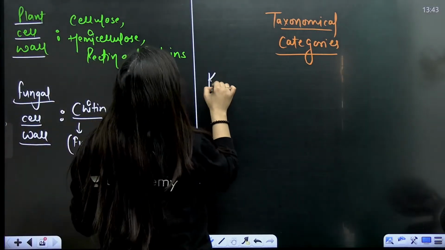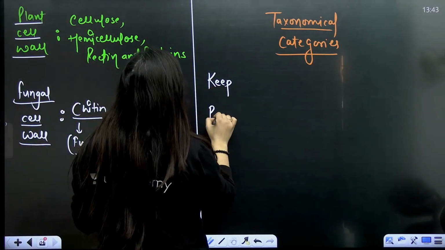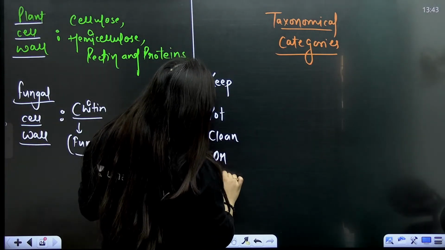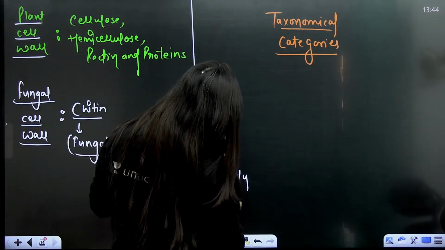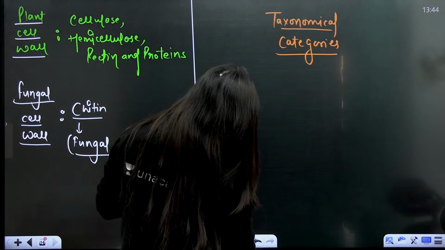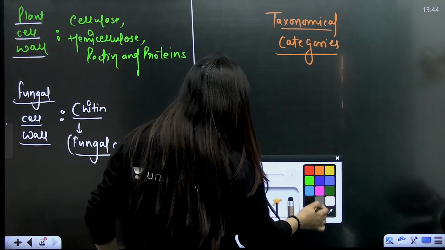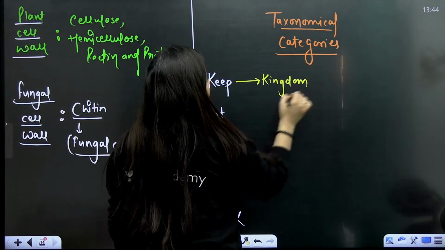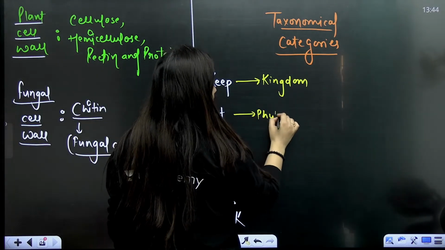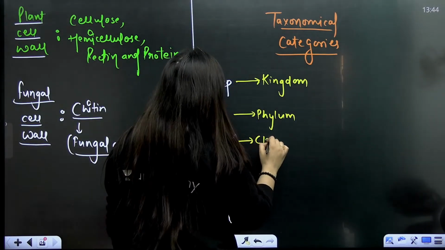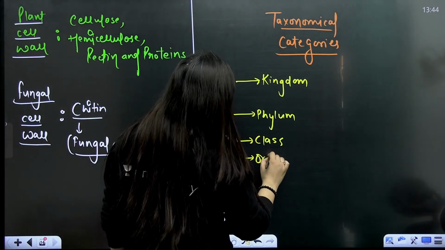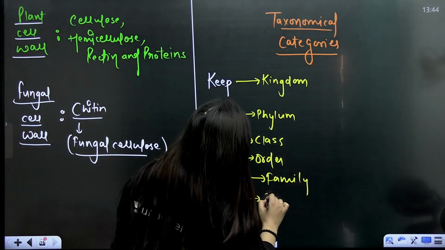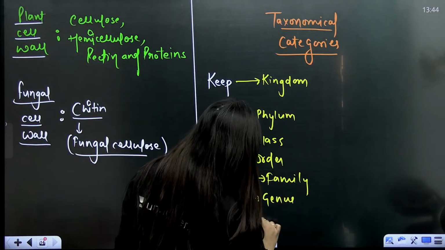So here I'll give you one trick, that is keep pot clean or family gets sick. Keep pot clean or family gets sick. So this K stands for kingdom, this P stands for phylum, this C stands for class, this O stands for order, this F stands for family, this G stands for genus, and this S stands for species.